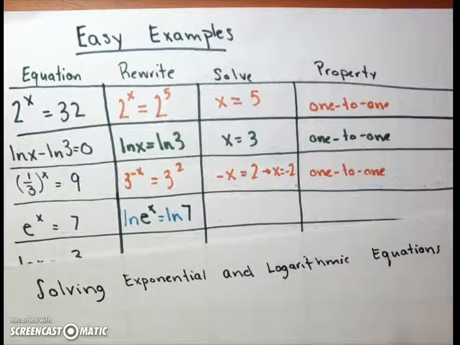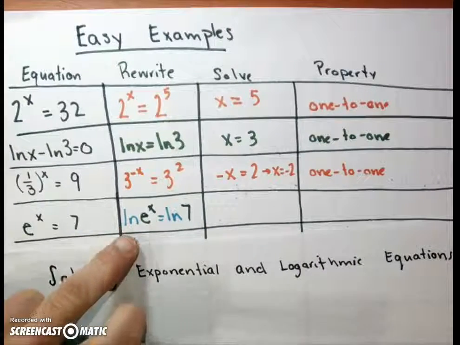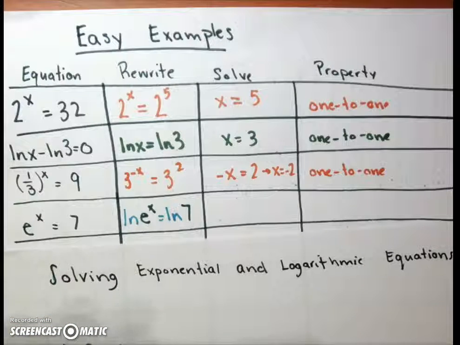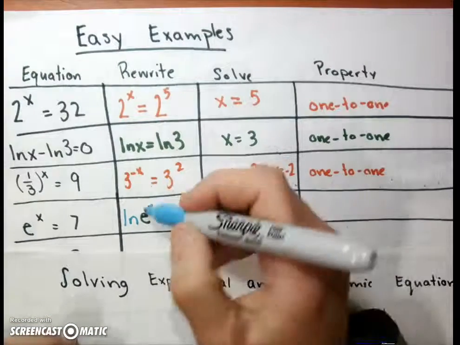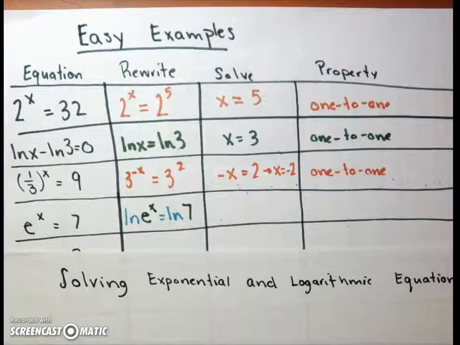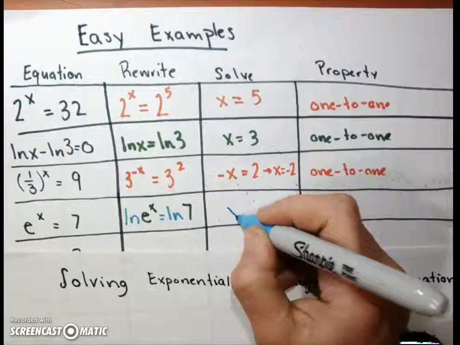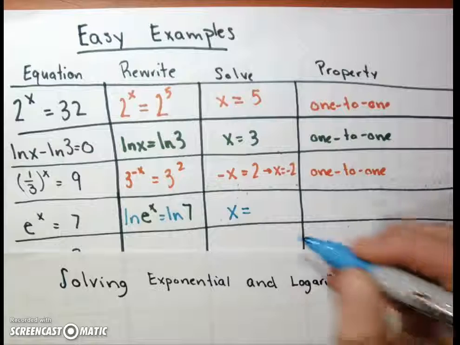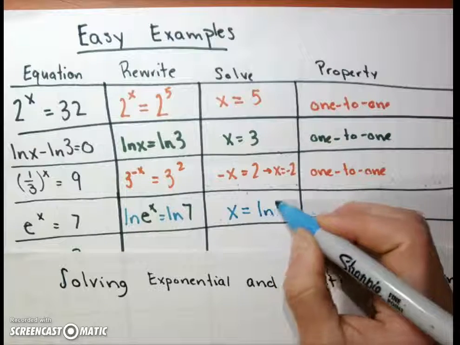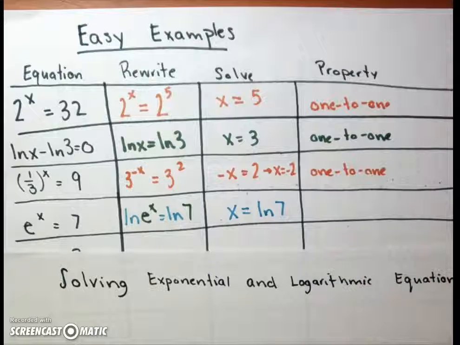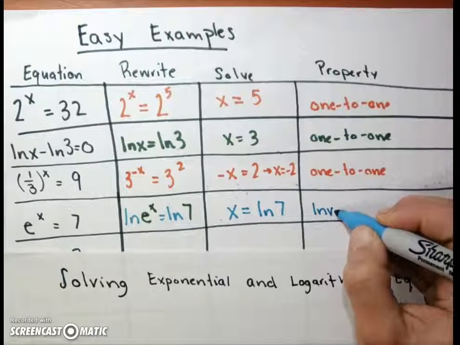Since I've taken the natural log of both sides of the equation, I haven't changed the equation. Now, by the inverse property, ln of e to the x, the left-hand side, is just x. And the right-hand side, we can't simplify anymore, so that stays as ln 7. So that's my solution. x is the natural log of 7, and I've used the inverse property here.